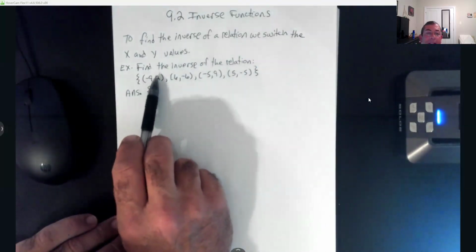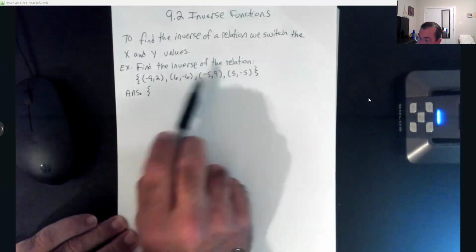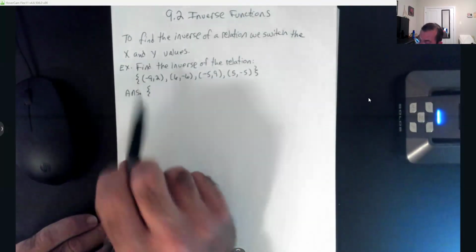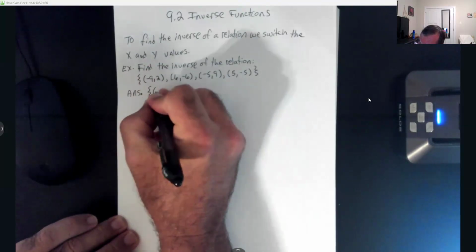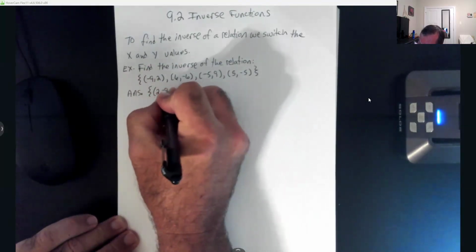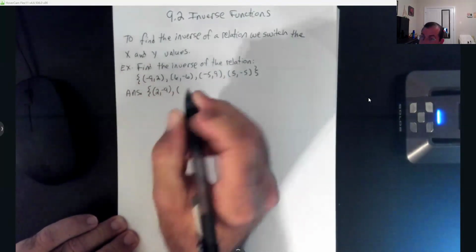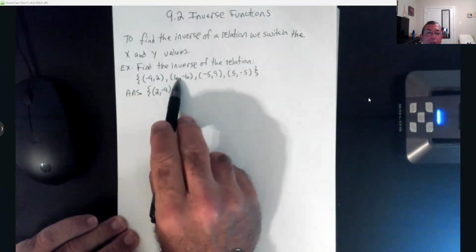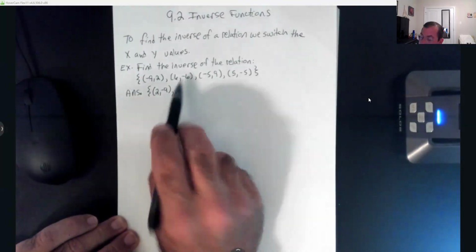Well, remember, this is x and y for each of these ordered pairs. So if this is x and y and I'm going to switch them, my first point will become (2, -9). My second point, switching those, will give me (-6, 6).